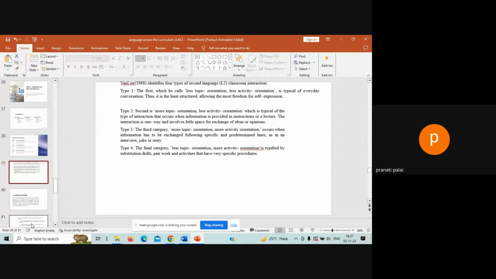So this is more activity orientation. Suppose you want to enhance the speaking ability of primary level learners, then you can apply many activities like chain drill, substitution drill, alternative drill, etc.